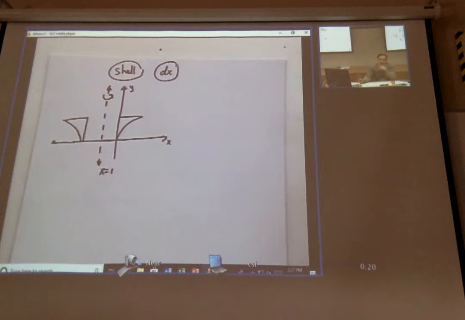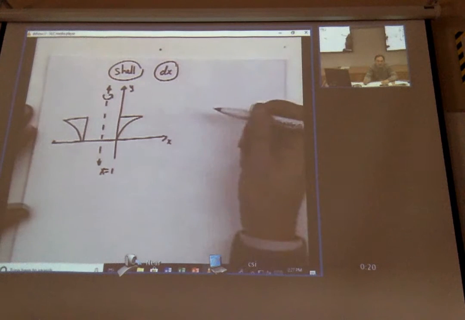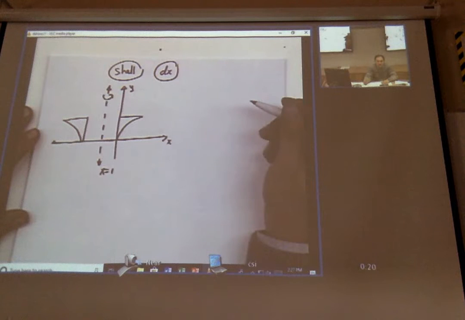All right, so when we go with the shell, remember we have to put a little rectangle inside, which represents the piece of the shell before you rotate. And every time we put that rectangle, how do I put it in?